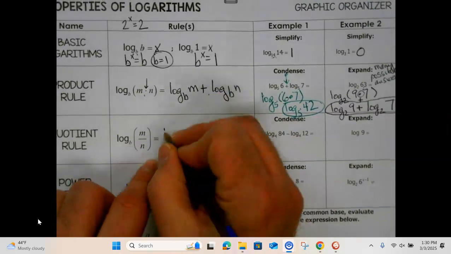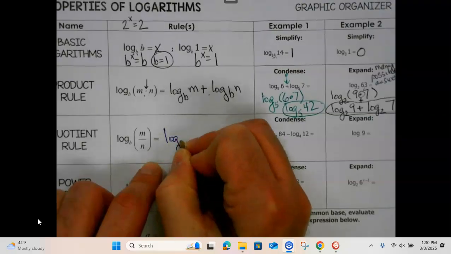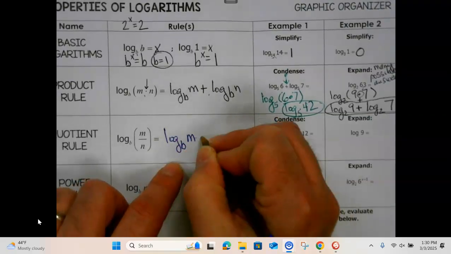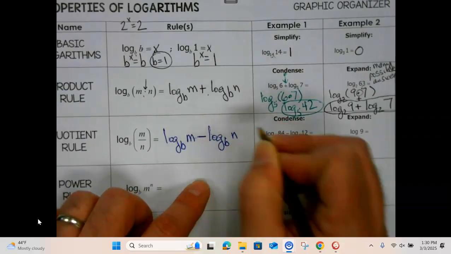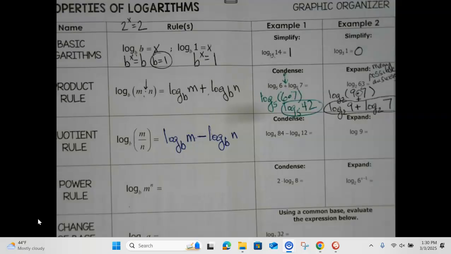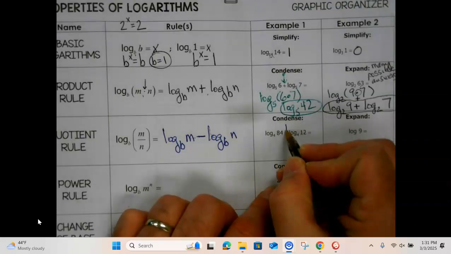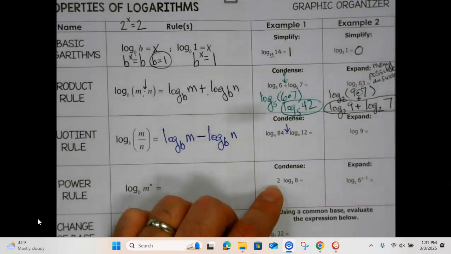Here, divide is going to become subtract. So if we're being asked to condense something, there's the infamous minus sign like we had the plus up here.